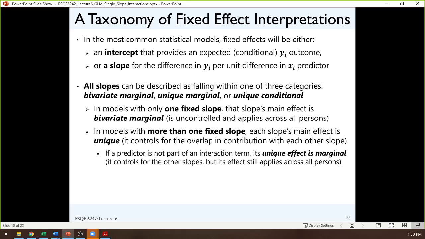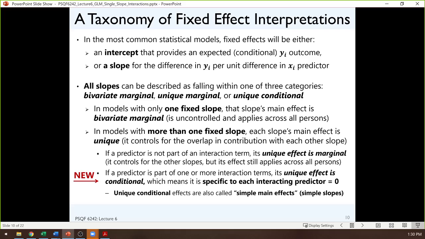It applies to everybody. I have one slope that's for the effect of age, another slope for the effect of grip strength, another slope for gender, and so forth. And so the effect of age does not depend on anything else. The effect of gender doesn't depend on anything else. The effect of grip doesn't depend on anything else. And that's why the lines were parallel in the plots that we just made. The new thing, where I am headed in these last 2 weeks, is the third category.